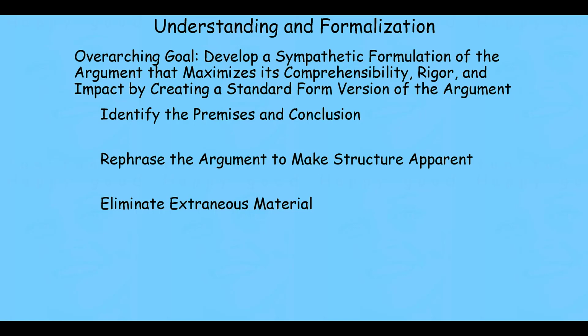Similarly, we want to be careful not to eliminate an arguer's reference to sources for the information that they cite. When someone refers to an authority, when someone talks about where they got a particular bit of information, this too is a bit of information. It's part of the evidential base of the argument. And so we don't want to eliminate that because it gives the consumer of the argument not just the information that's presented, but a sense of where that information came from.